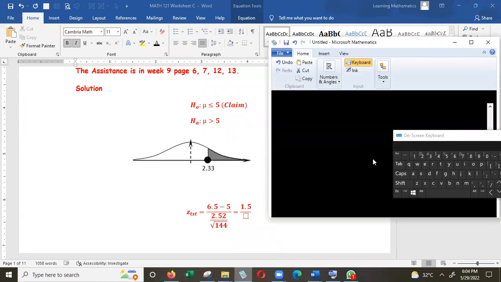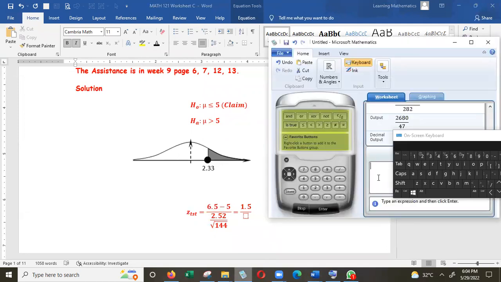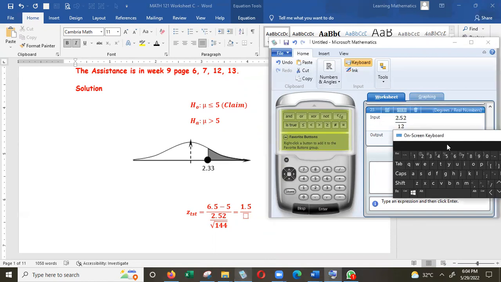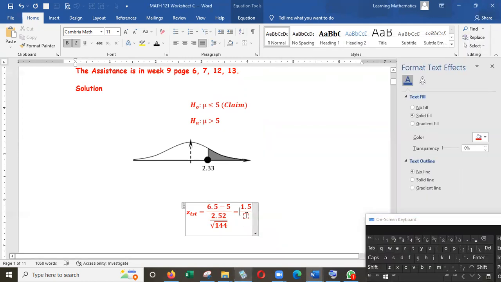The square root of 144 is 12. So it basically is 2.52 divided by 12, and that will give us a value of 0.21.